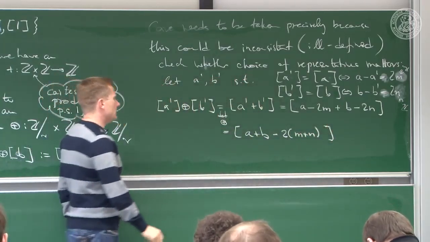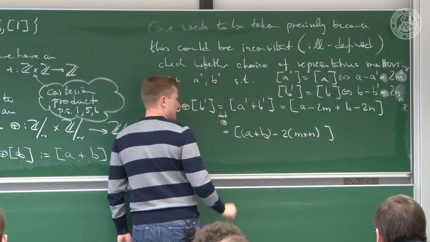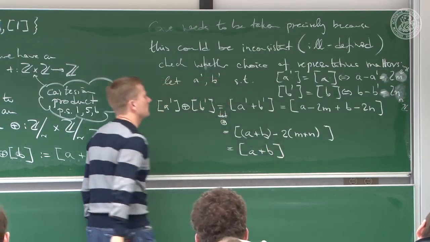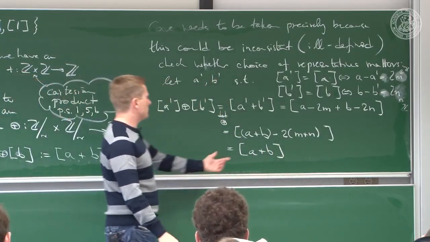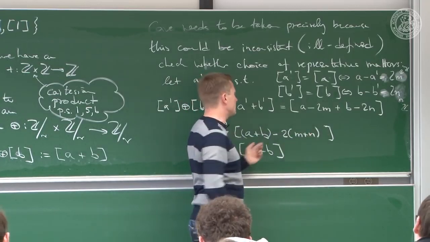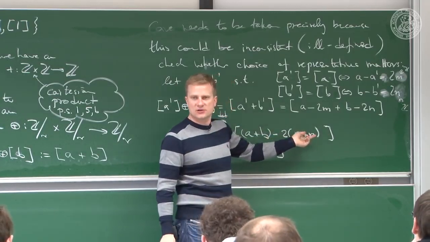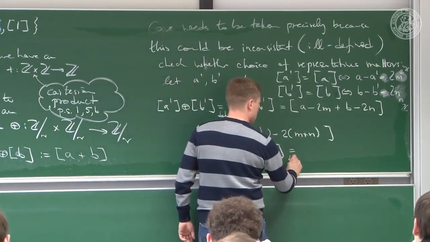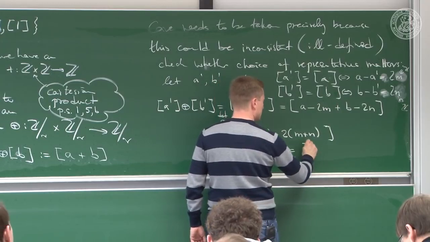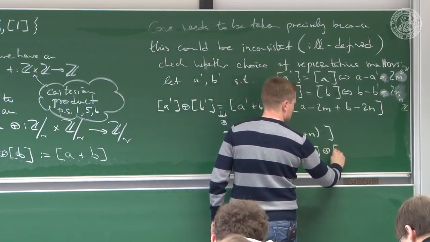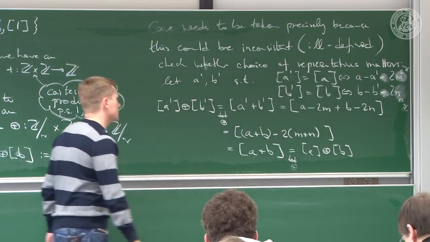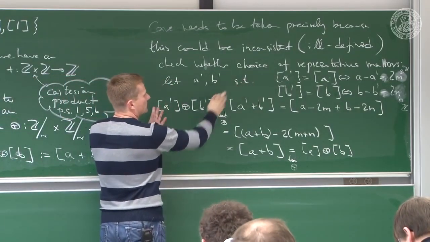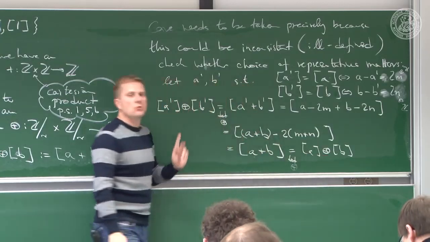Aha. But A plus B minus 2 times (m plus n) is certainly the same class as A plus B, because this one and that one only differ by an even integer. So by definition they are the same class. But this here I can, again using the definition of circ plus backwards, write as the sum of the class of A circ plus the class of B. And indeed, for arbitrary other representatives, I showed it's well defined.